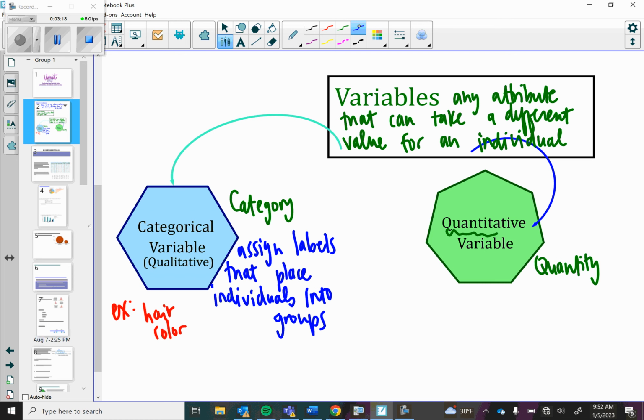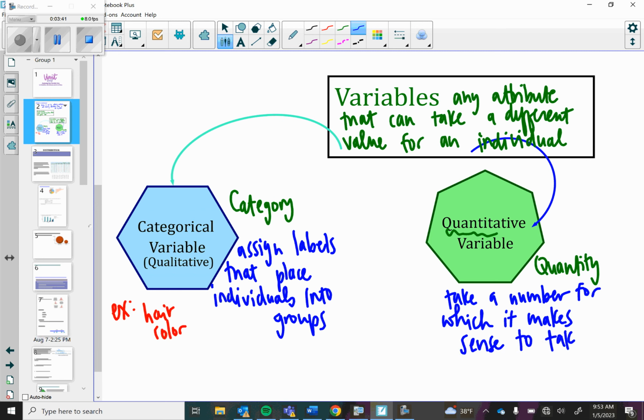Quantitative variables are variables that take a number for which it makes sense to find an average.